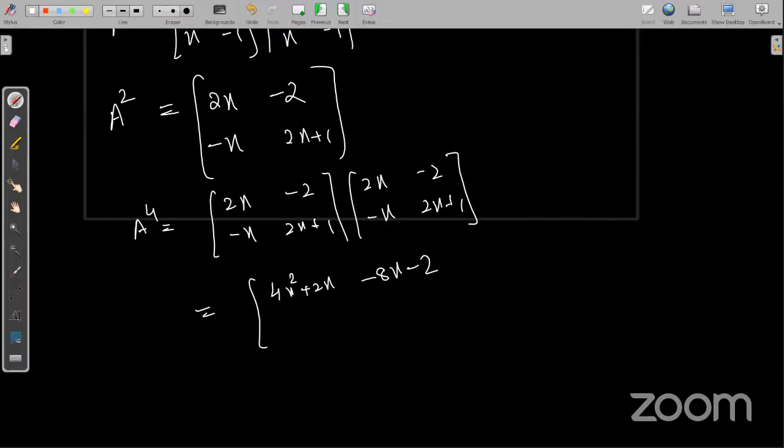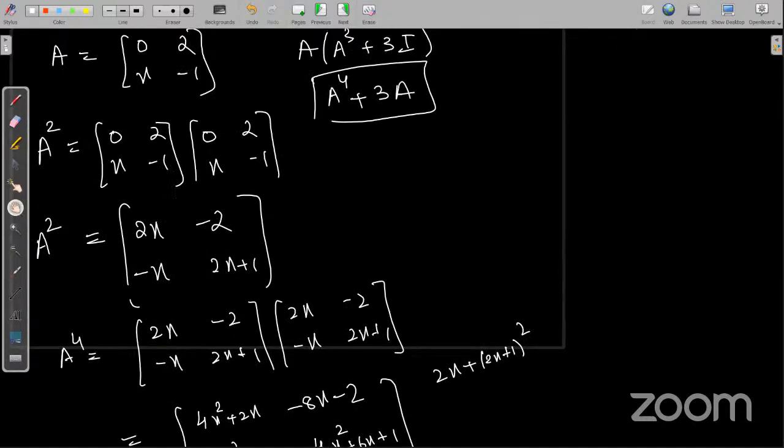And the next one is minus 2x squared minus 2x squared minus 4x squared minus x. And the last one is minus 2x. This one is somewhat bigger, so it is plus 2x plus, I think, 2x plus 1 whole squared we are getting, right? And the last one is plus 2x plus 1 whole squared. So what are we getting? Here we are getting 4x squared plus 4x plus 6x plus 1. Okay, so this is A^4.